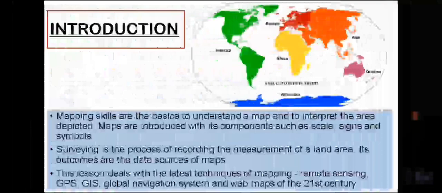Next, surveying is the process of recording the measurement of a land area. Its outcomes are the data sources of maps. This lesson deals with the latest techniques of mapping: remote sensing, GPS, GIS, global navigation system, and web map of the 21st century.